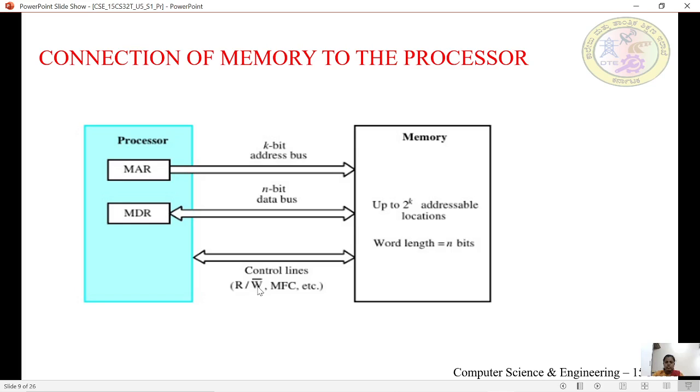The read/write signal is 1 in the read operation, and during the write operation it will be set to 0. Then the memory responds by placing the data from the data line onto the addressed location, and then memory confirms this action by sending the MFC signal, that is the memory function completed signal.